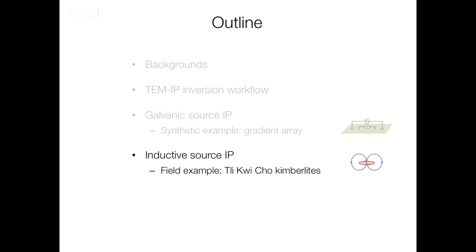If it's not fixed, or maybe you even determined it and just didn't show it? I think the answer to your previous question is yes. There's the potential for estimating taus from data. I'll show you, that'll come out in an example that we use for this TKC diamond kimberlite. Oh, okay, sorry. No, that's good.